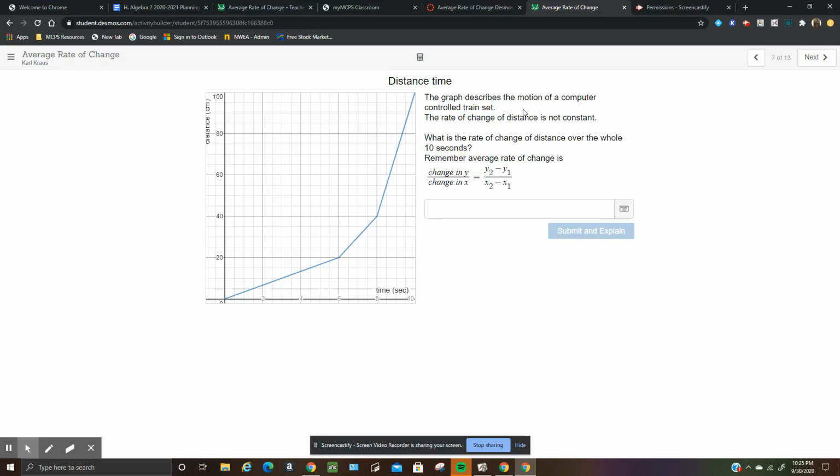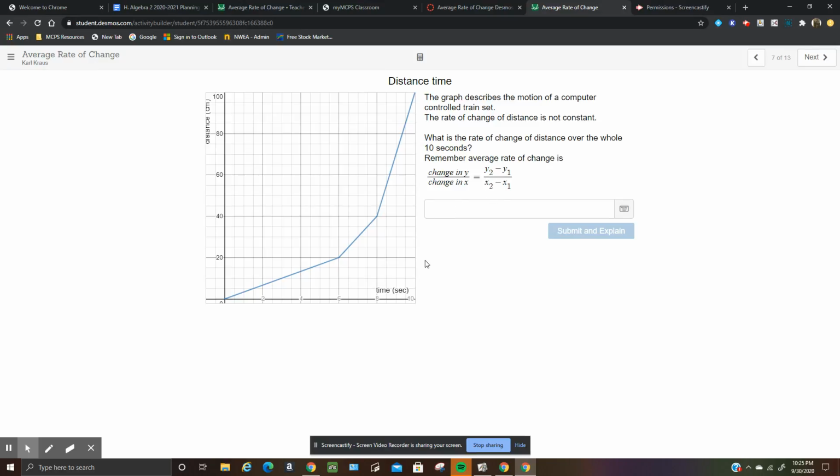The graph describes the motion of a computer-controlled train set. The rate of change of distance is not constant. So what is the rate of change of distance over the whole 10 seconds? Remember that the average rate of change is y2 minus y1 over x2 minus x1.